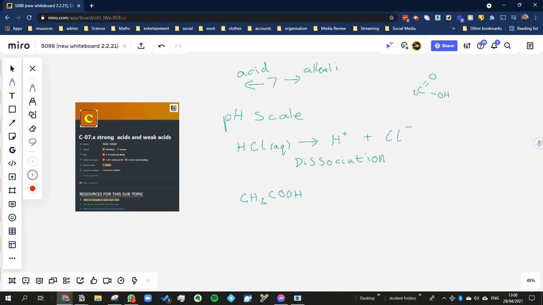I'll draw the whole molecule now. That's our ethanoic acid, a carboxylic acid. It's got a carboxyl group, or carboxylic acid group. Let's see what it would dissociate into. It would dissociate into the proton and the rest of the molecule.